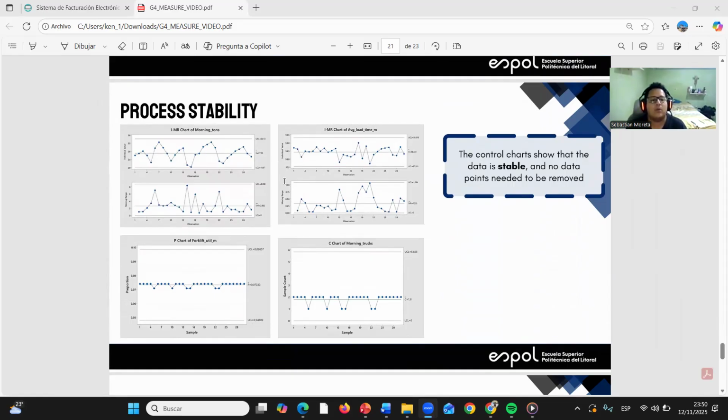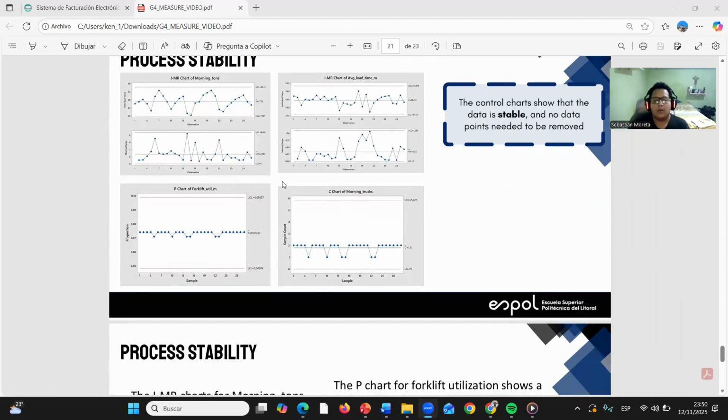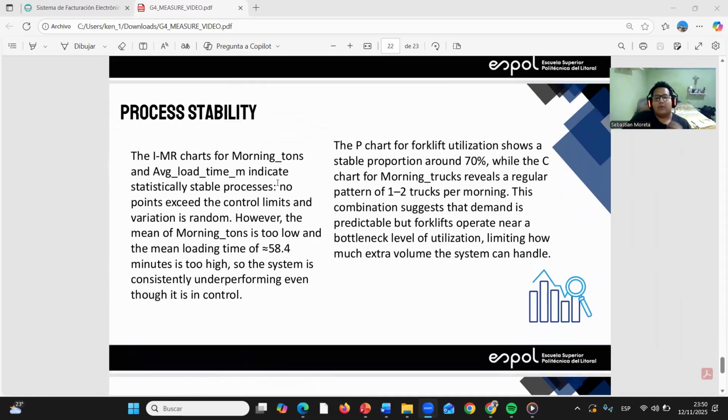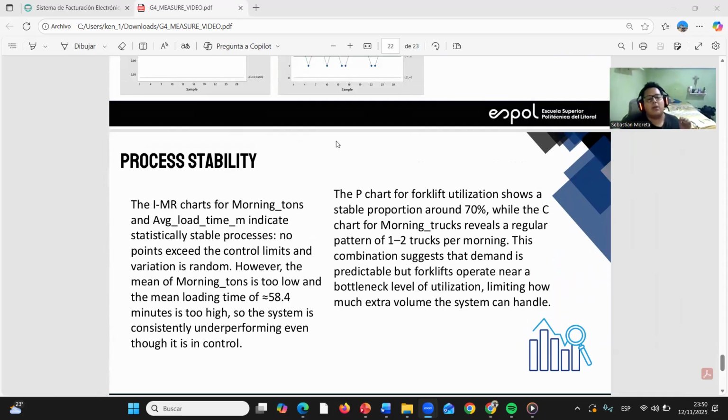The points stay within the control limits and there are no special cause patterns. At the same time, the average morning tons is low and the mean loading time is around 58 minutes. The forklift and truck charts show a predictable pattern but high utilization, so the system has little extra capacity and the forklift can easily become a bottleneck when demand increases.